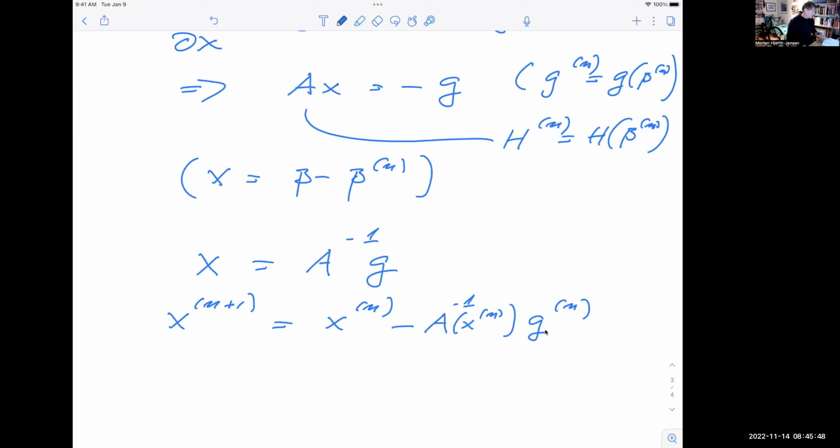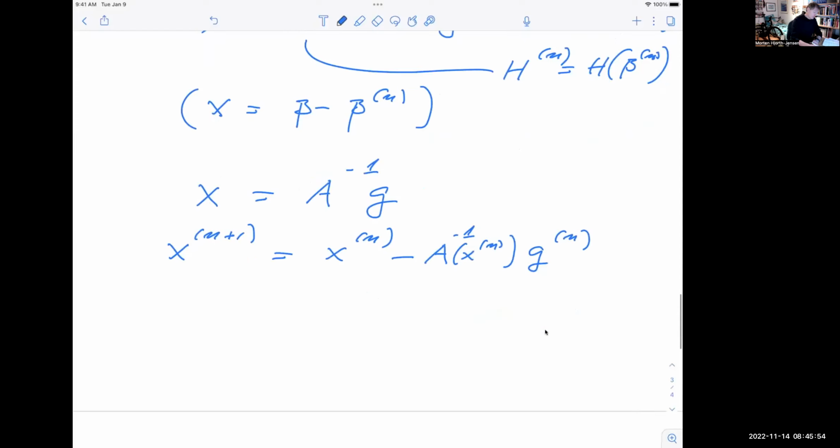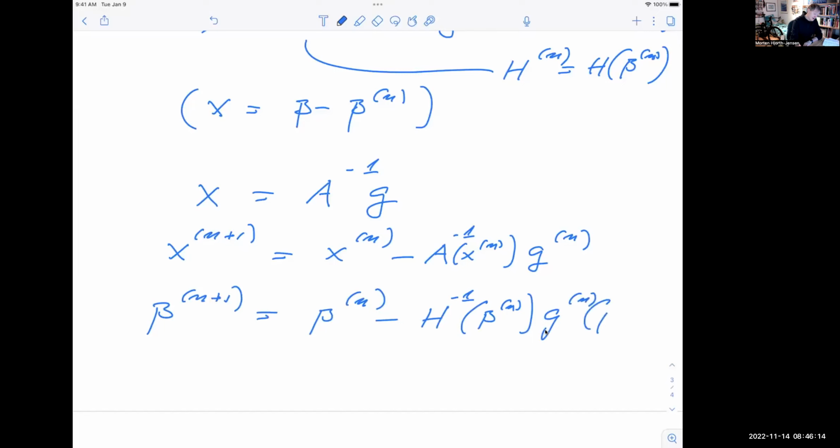So in our specific case, if we look closely at the equations, we would have beta of n plus 1, which is equal to beta of n minus the Hessian matrix inverse calculated at beta of n, multiplied with g of n, which is evaluated at beta of n.